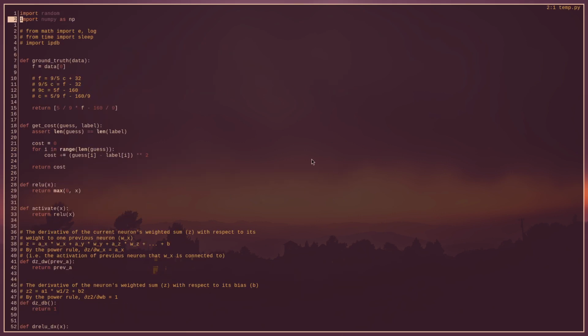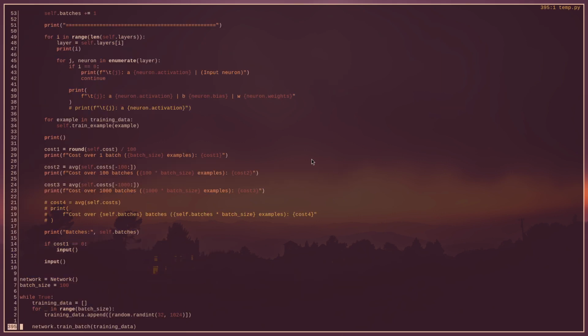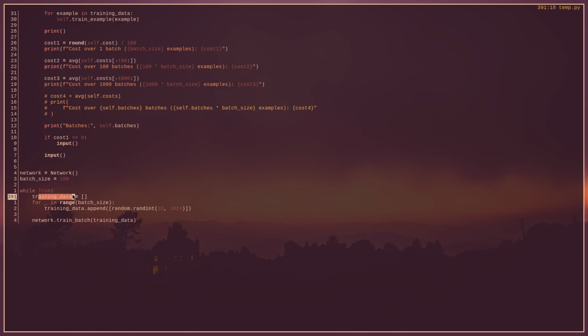Now I can also show the code. The code is more complicated, so I'll try to be briefer with it. On here, this generates training data, which is the examples it's going to use to run, and it basically just generates a random number from 32 to 1024.